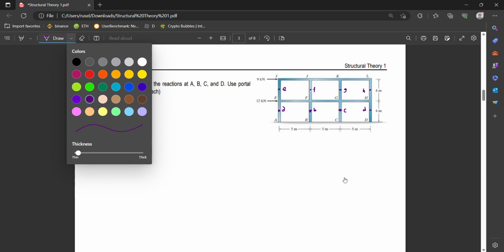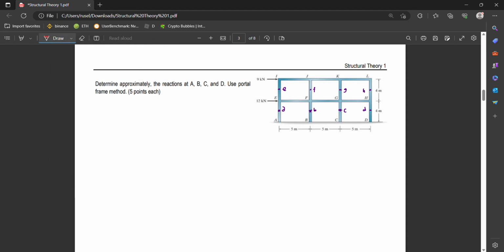So, we also assume vertical: E, F, H, I, J, K, L, M, N, P, Q, R, S, T, and U. Okay? Wow, that's a lot of letters!